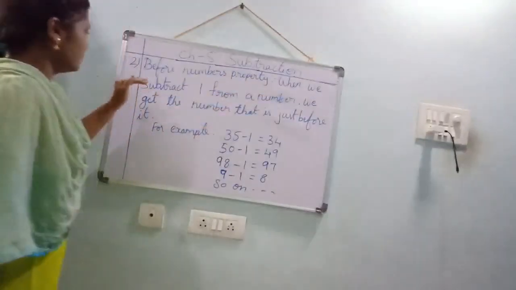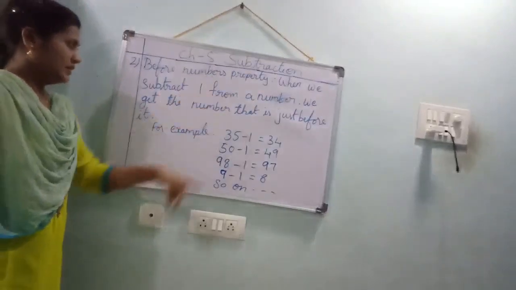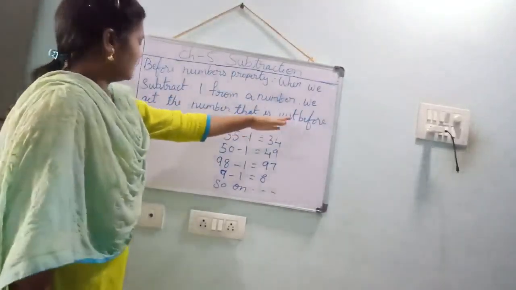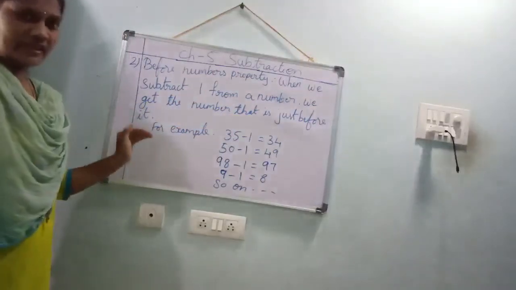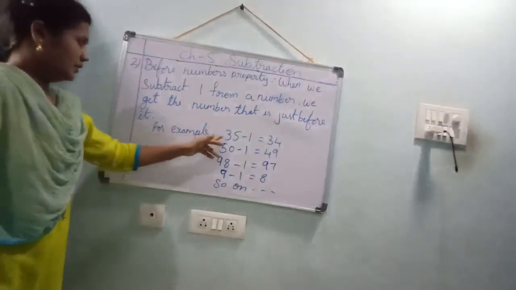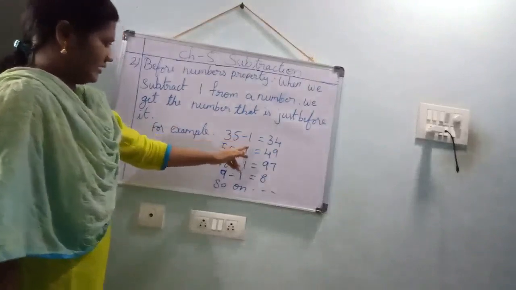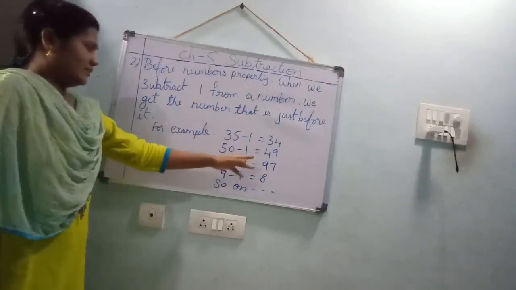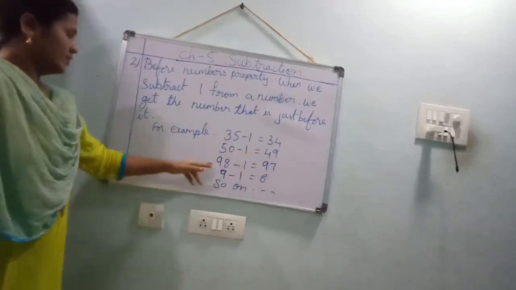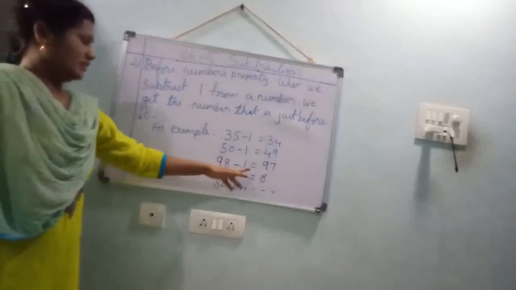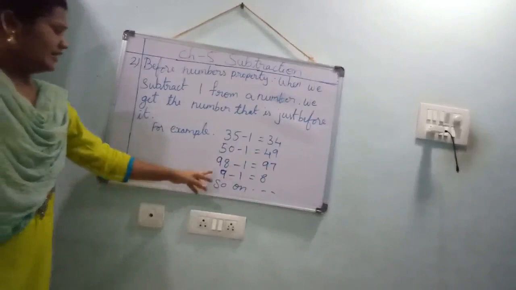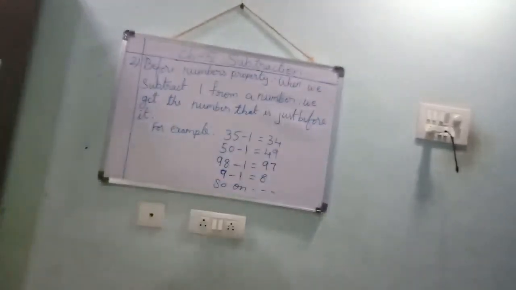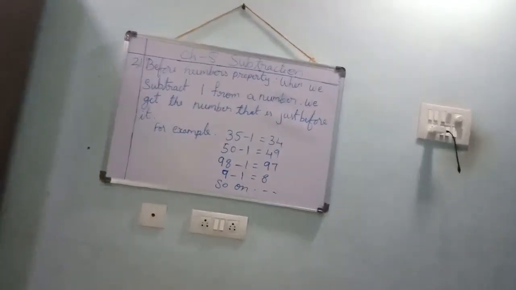When we subtract 1 from a number, we get the number that is just before it. For example, 35 minus 1 is equal to 34. 50 minus 1, 49. 98 minus 1, 97. 9 minus 1 is equal to 8. Understood, children? Copy in the classwork.